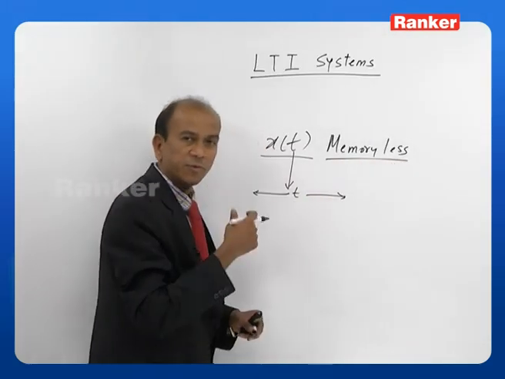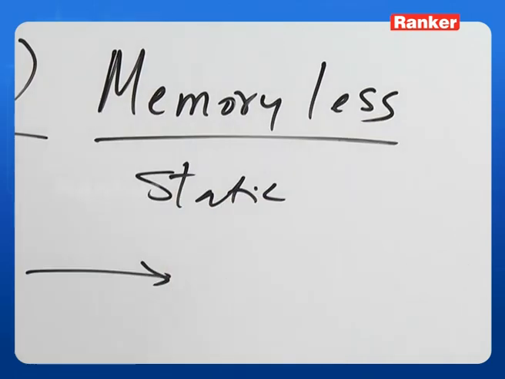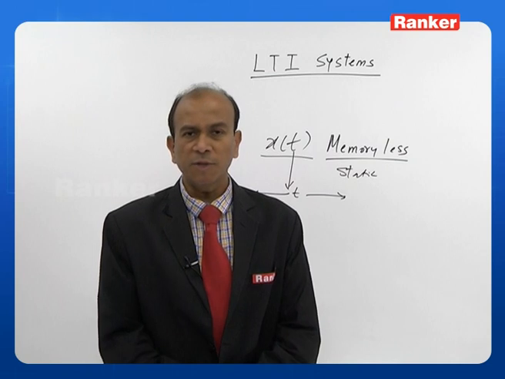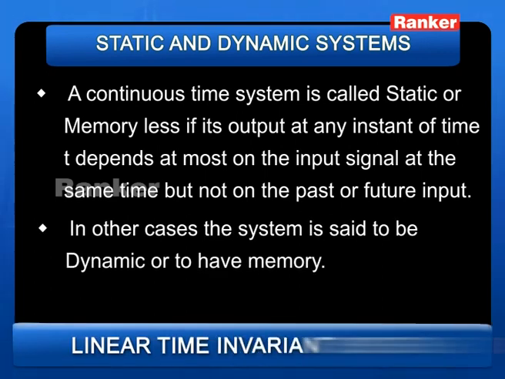As the systems have no memory, we also call them static systems. Similarly, all those systems which do not satisfy this, that means they have a certain memory or they predict the future, are called dynamic or systems with memory. So this is about a static and a dynamic system.